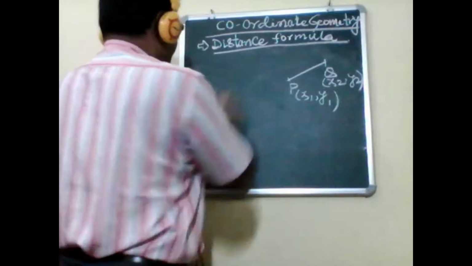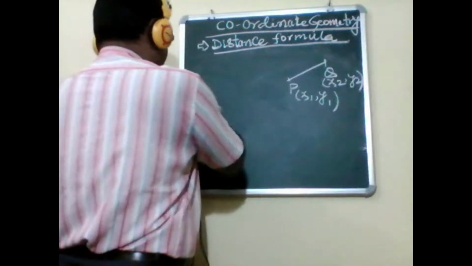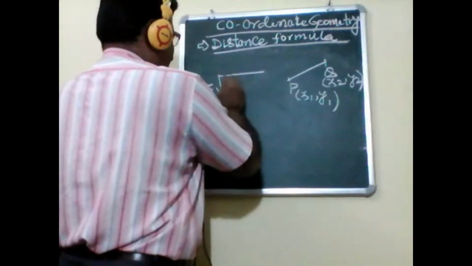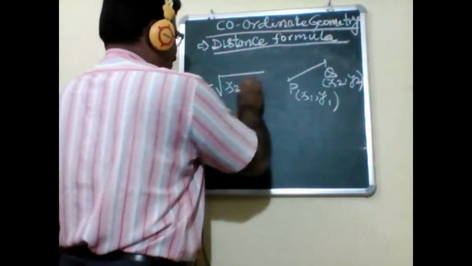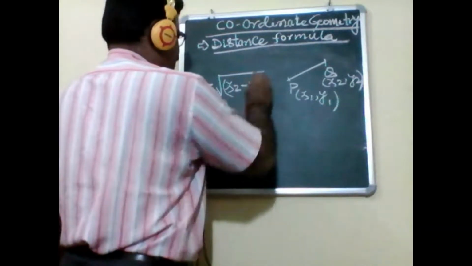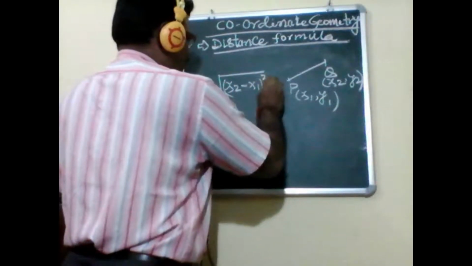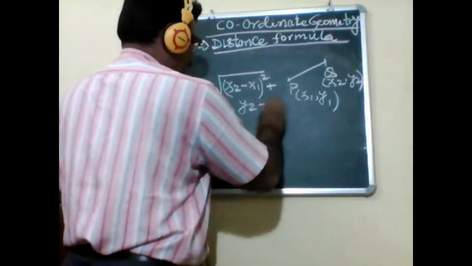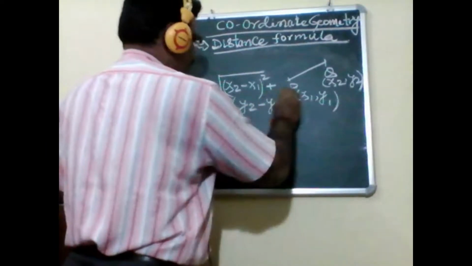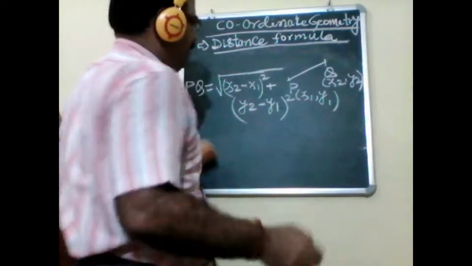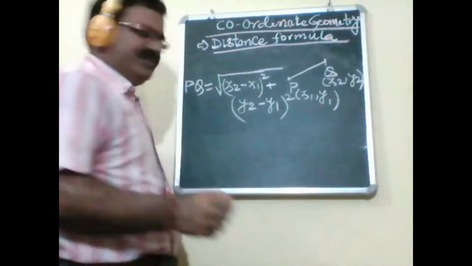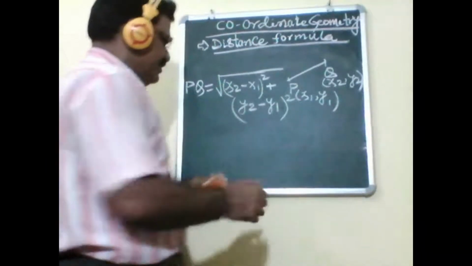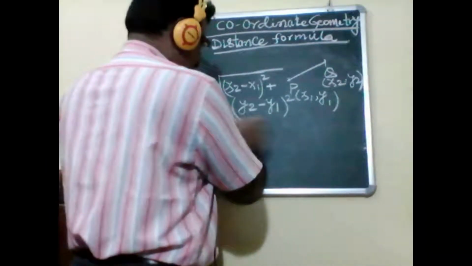PQ equals the square root of x2 minus x1 whole square plus y2 minus y1 whole square. Now, based on one application, I want to discuss how we can solve the questions.